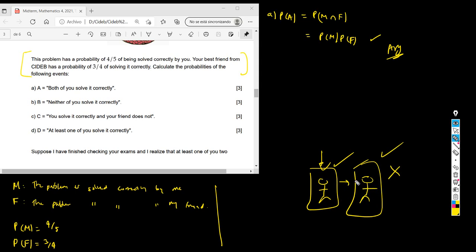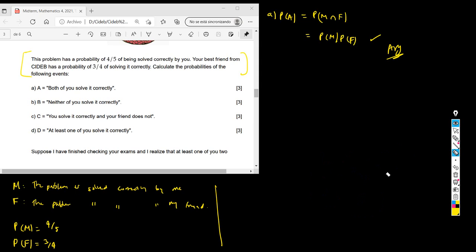It doesn't make any difference. For all purposes, you don't even know of each other. There is no mental connection or anything. So these two events are independent, and therefore I can make this conclusion. This is equal to this, and that's the argument.